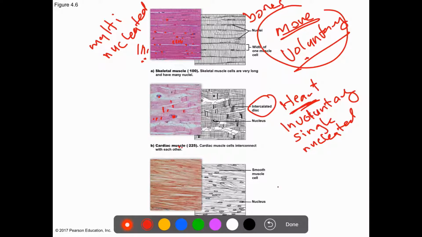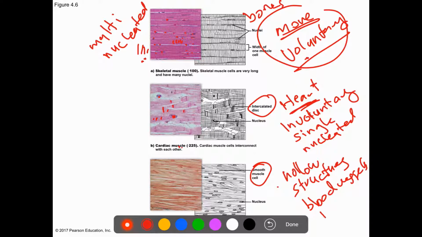And the third group is the smooth muscles. These smooth muscles, we will find them surrounding hollow structures like blood vessels, intestine, esophagus, stomach.